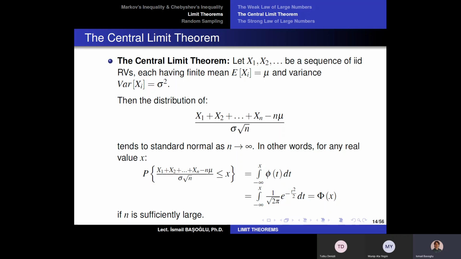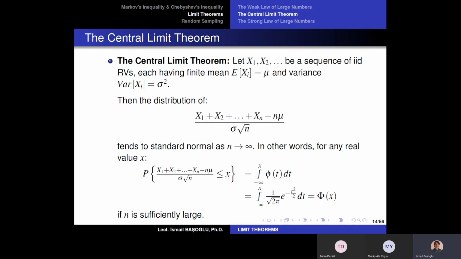So this is a standardization procedure here. This complicated formula is not too complicated, actually. What we are doing here is subtracting the expected value of the sum from the sum and dividing the difference by the standard deviation of the sum, which is sigma times square root of n, which is basically a standardization.